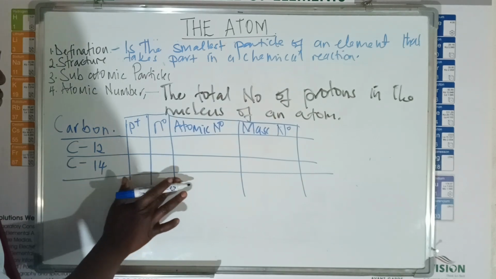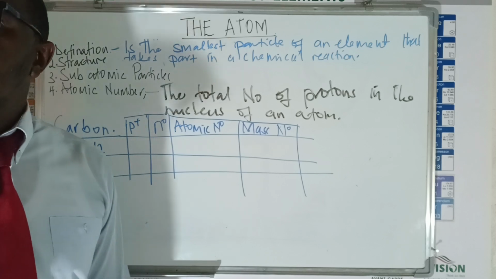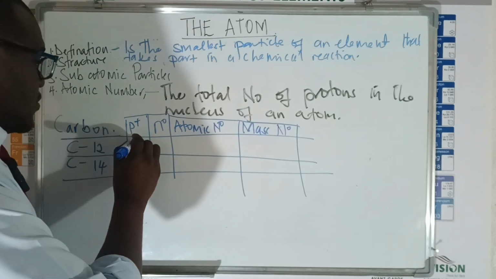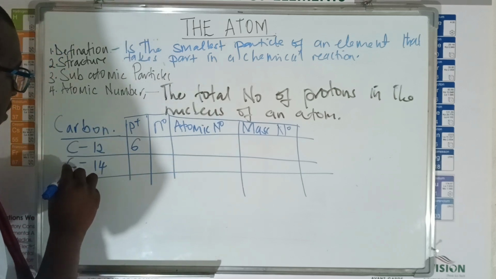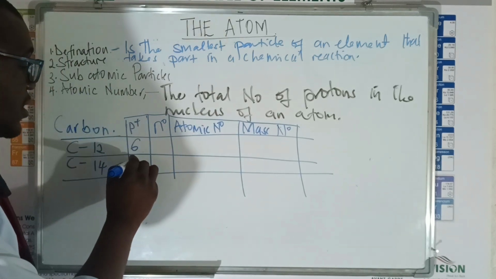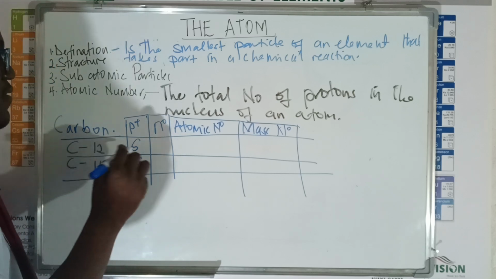All right. So the number of protons in carbon 12, carbon always has 6 protons in its nucleus. The number of protons in carbon 14 is the same because the atomic number is the same from the definition. But the number of neutrons now varies.